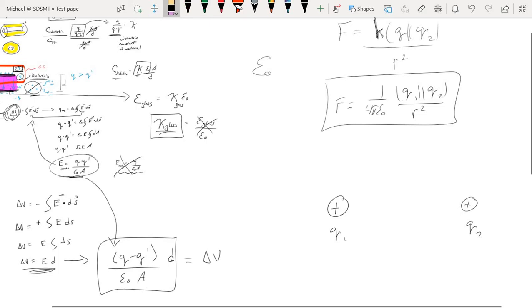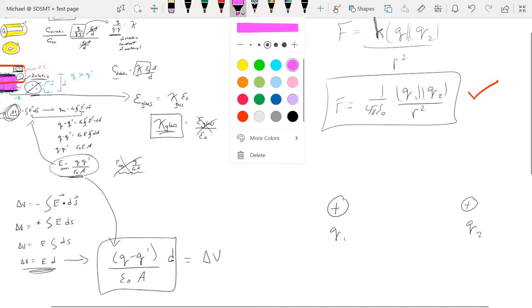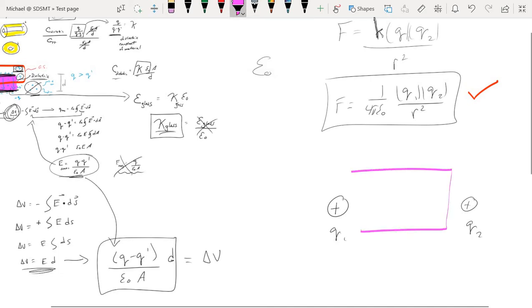And so this is how those two charges will behave in terms of their respective forces. But now we place a block of glass between those two charged particles. How is having that block of glass between the two charged particles going to affect that electric force that is operating between them?